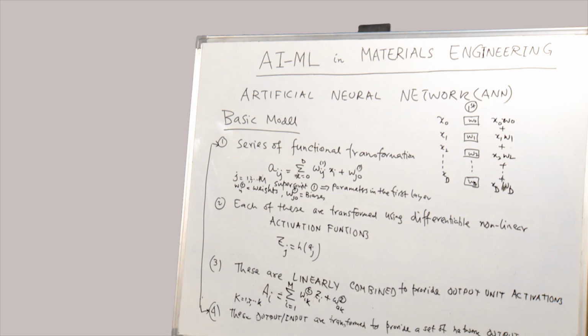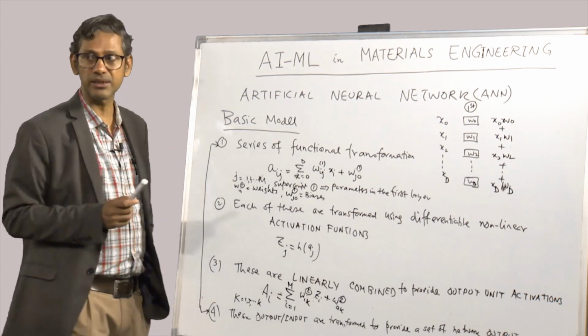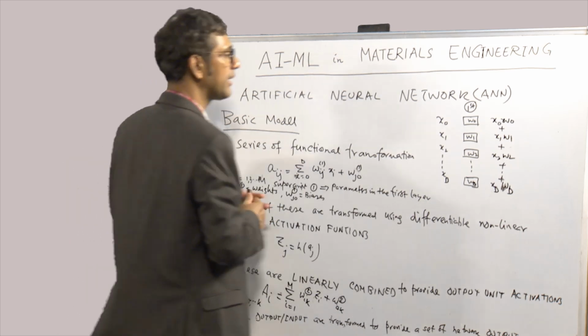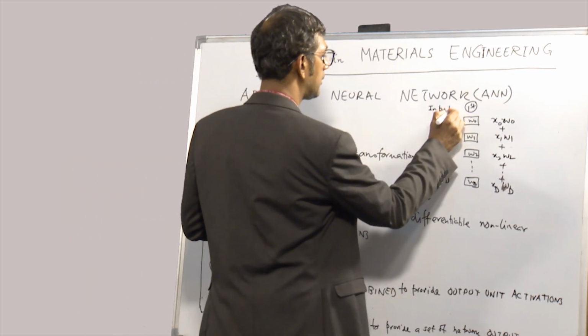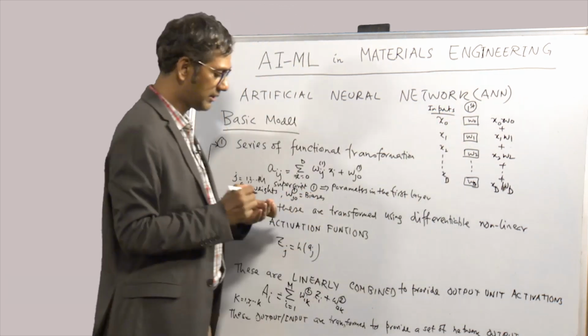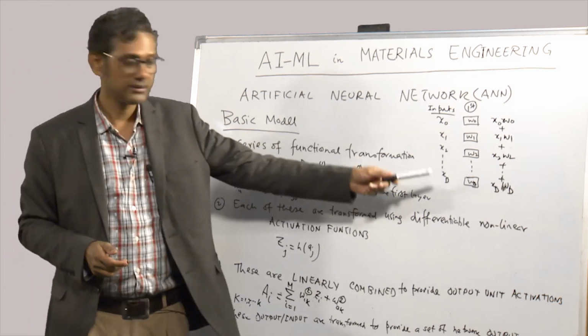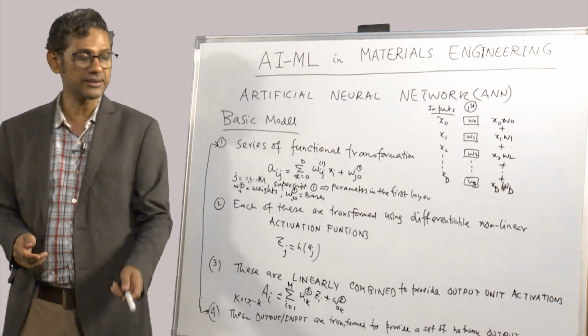So, let me explain again one more time. So, the basic model consists of a series of functional transformations. So, what do you do? I have input variables. Let me write down, these are my inputs. Input variables, I put some weights, combine them linearly, and then add some biases and sum it over.